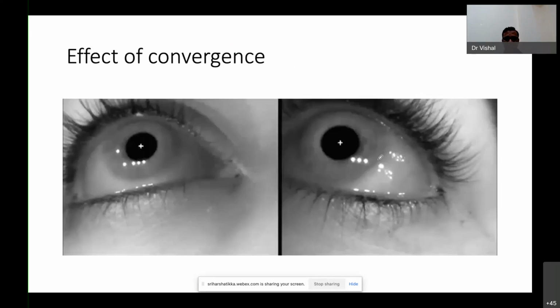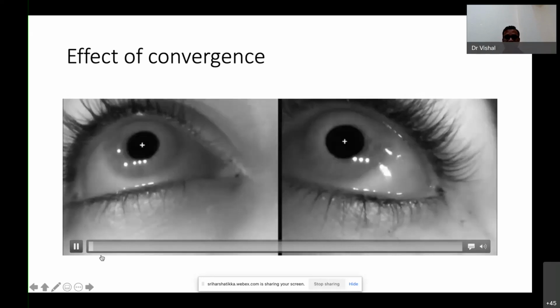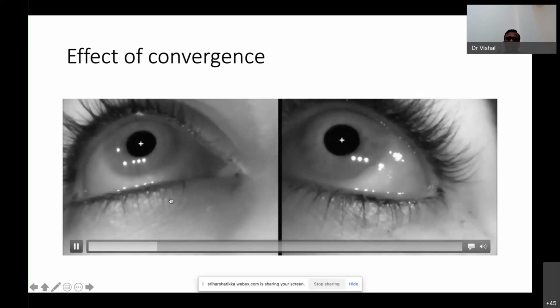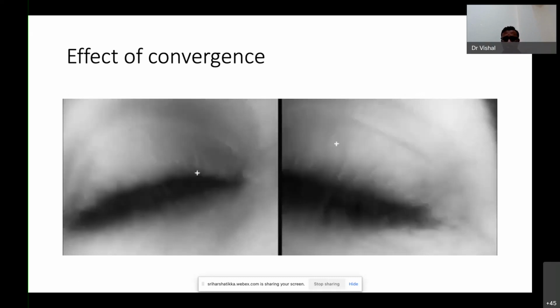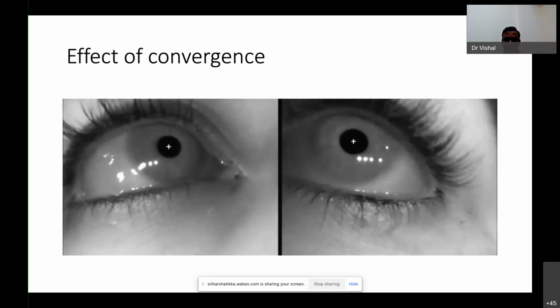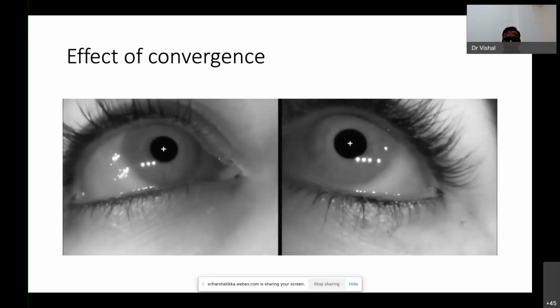Last week, I saw a patient where, I hope you can appreciate, the patient had right beating nystagmus initially, more pendular or right beating in nature. And when I asked the patient to converge, the patient developed left beating nystagmus with a little downbeating component.